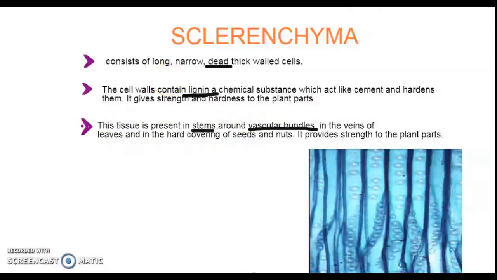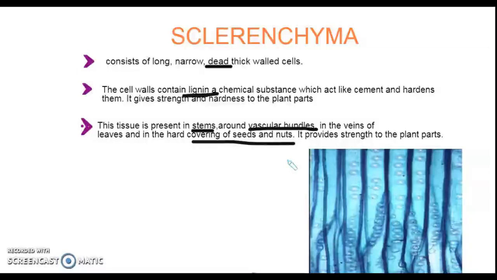So, where are the sclerenchyma cells present? They are present in the stem and around the vascular bundle, and also in the leaf veins and in the hard covering of seeds and nuts. If you see a coconut, the outer surface of the coconut is hard.